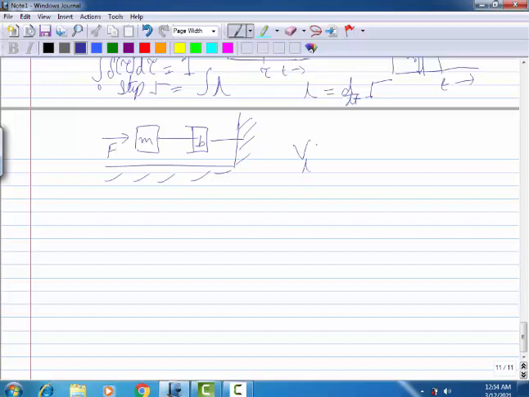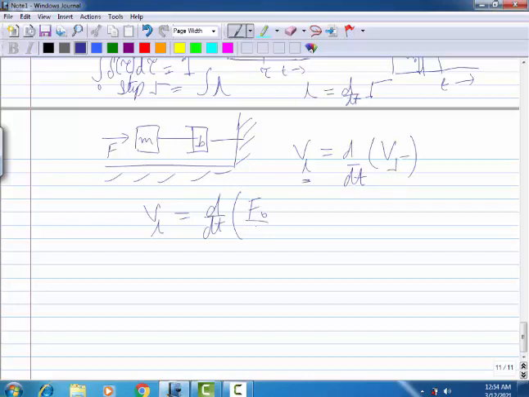So we wrote the step response for that, if you remember. And we know that if you want to find the impulse response, we have to take the derivative of the step response of the system.